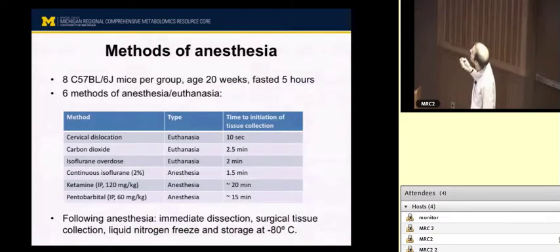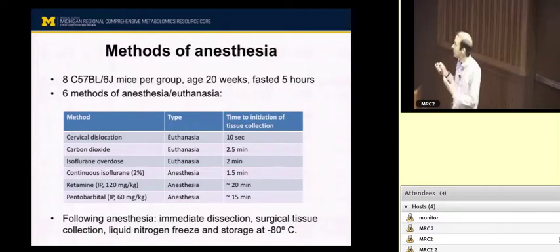Okay, so what are the methods of anesthesia that you study? If you do work with animals, you're probably familiar with most of these methods. Cervical dislocation is a method of euthanasia that's conditionally acceptable with mice. You can use it if there's a reason that you have to do it, as opposed to some other mode of euthanasia. It's very fast.